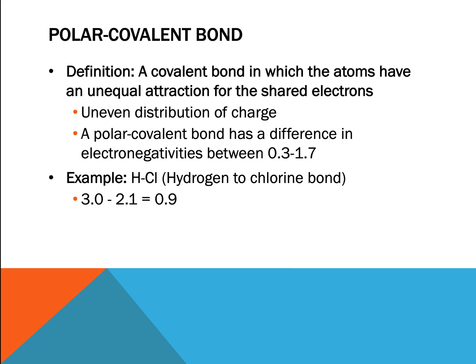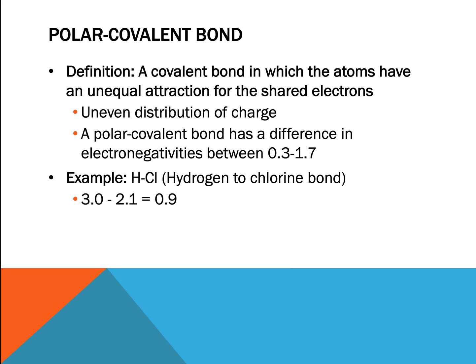Now, in a polar covalent bond, the atoms have an unequal attraction for the shared electrons. One of my atoms is going to be partially negative, and the other one is going to be partially positive. When we subtract their electronegativities, we'll notice that there's a difference somewhere between 0.3 and 1.7.